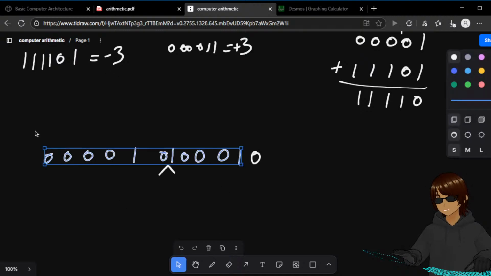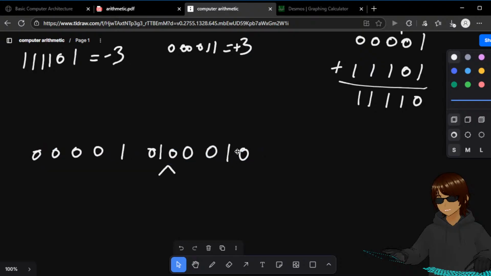I think this is the last step. There should be 6 changes in total.